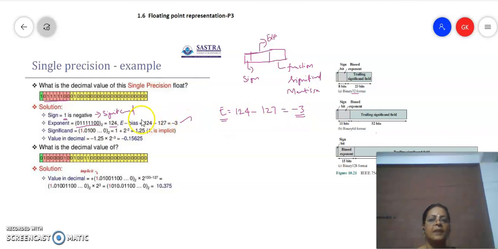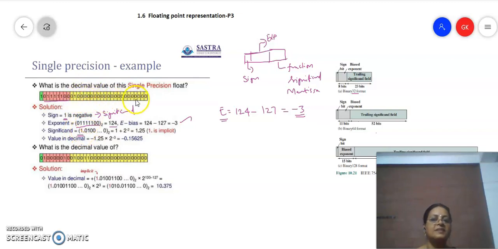Then take the significand, and of course, as we said, it is going to be normalized. If it is normalized, you have to have this 1, marked in red color, 1 point, and only then take the remaining significand. This normalized 1, which is hidden and not represented here, has to be included for the calculation.